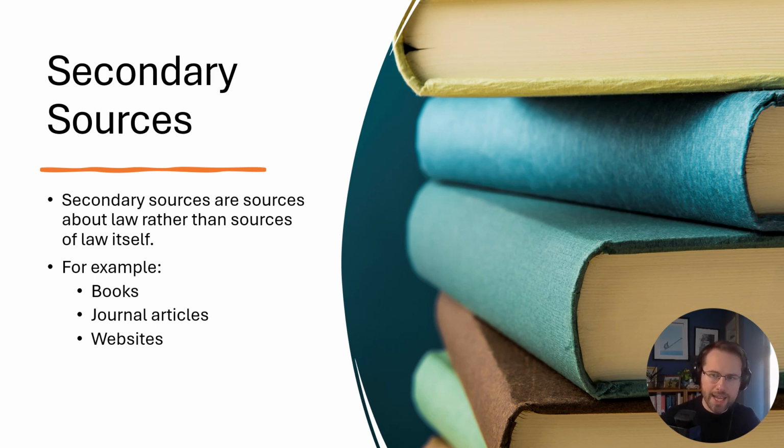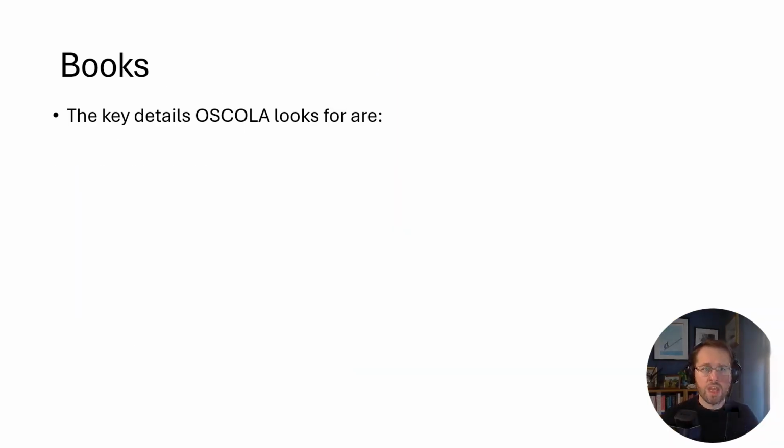So these might be academic books and journal articles where authors are writing about the law as distinct from the law itself, which is a primary source. So things like case law, legislation, treaties, they are all primary sources. They are the actual law, whereas secondary sources are sources about the sources of law. So hopefully that's clear. So we're going to focus on books, journal articles, and websites.